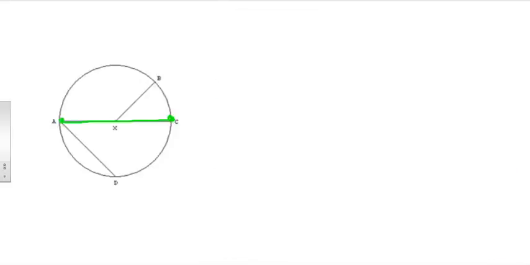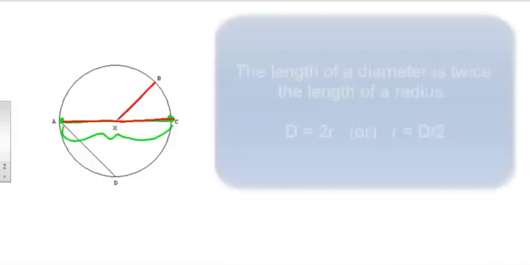Some things to note with the lengths of diameters and radii. If you remember, there were three radii here, XB, XC, and XA. Because the diameter AC is made out of two radii, there's a relationship there. The length of any diameter, so the length from A to C, is just equal to 2 times the length of any radius.